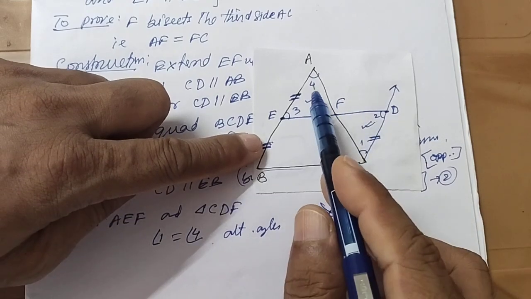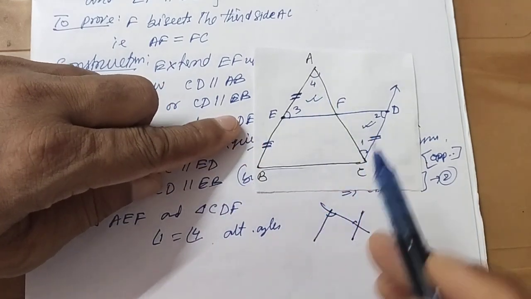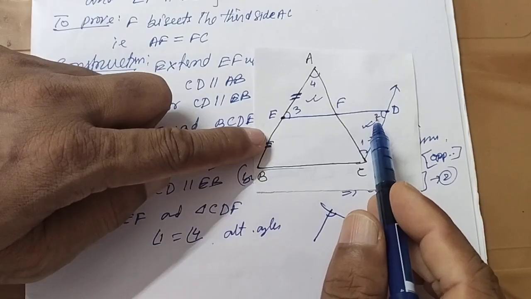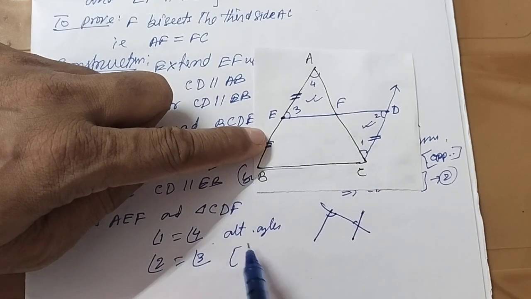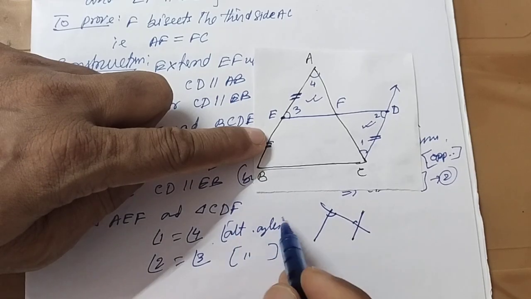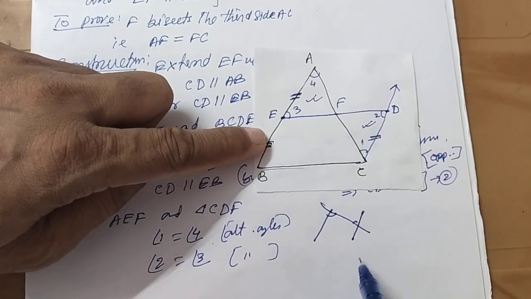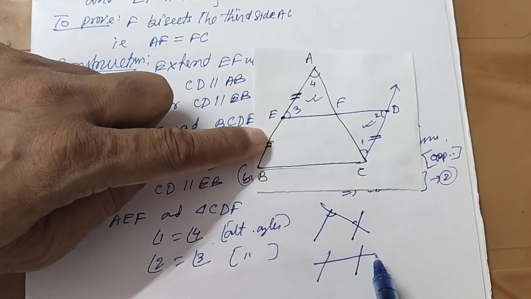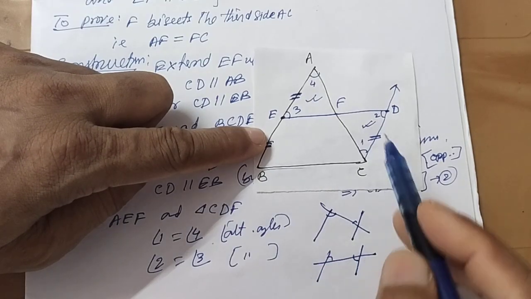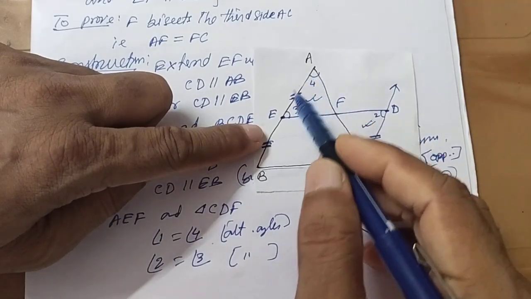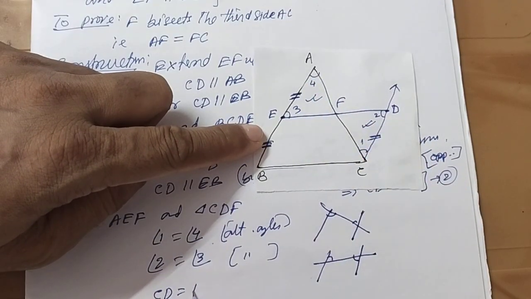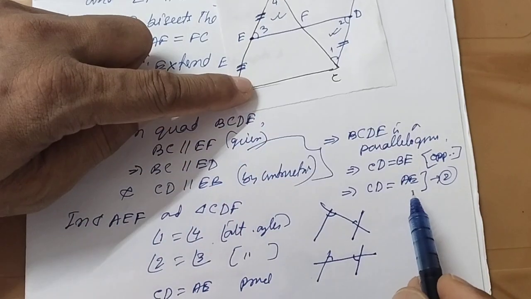So angle 1 equals angle 4. Also angle 2 equals angle 3, also alternate angles. How? The same line DC is parallel to AB and ED is the transversal, so this angle equals this angle. That means angle 2 equals angle 3. And you have already proved CD equals AE in equation 2.